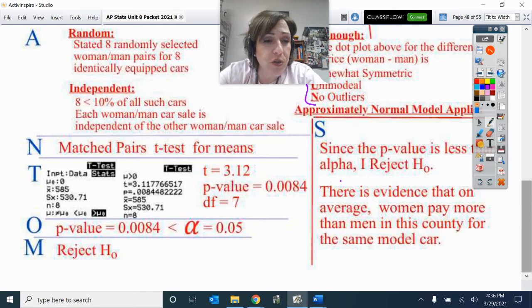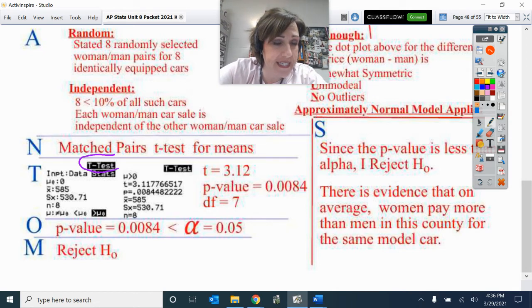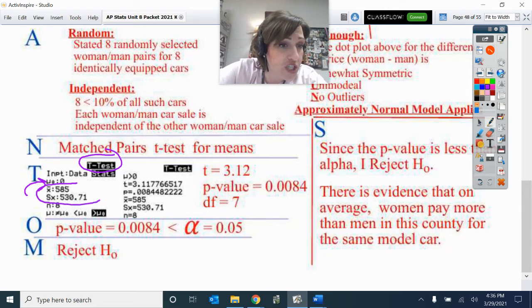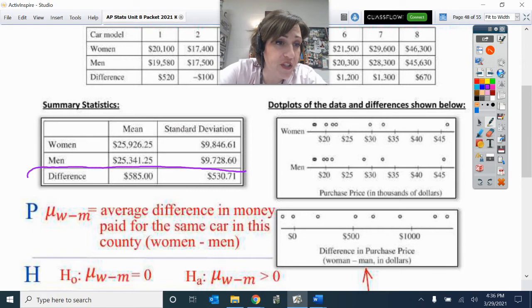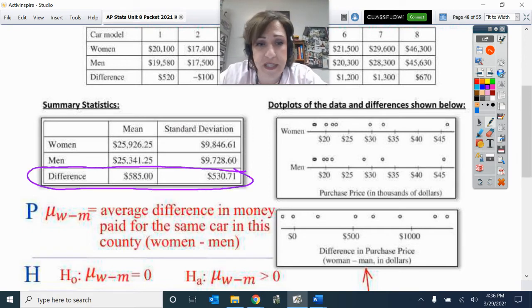Now, you do not have to put this calculator stuff down, but here's what I did. I did a t-test in my calculator. Notice that the null hypothesis is a difference of 0. They gave me this information right here for the differences. I went ahead and put the summary statistics in instead of all of the individual pieces of data.